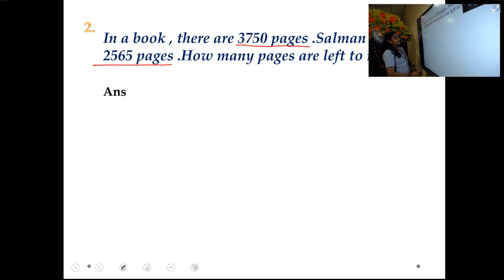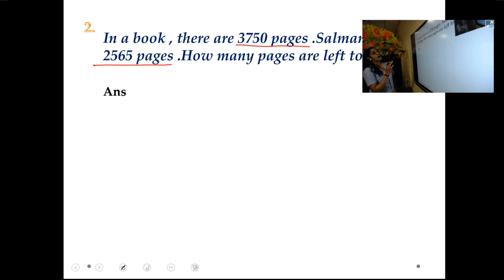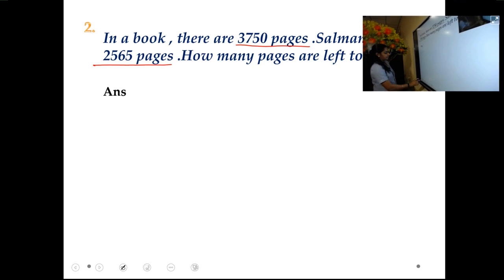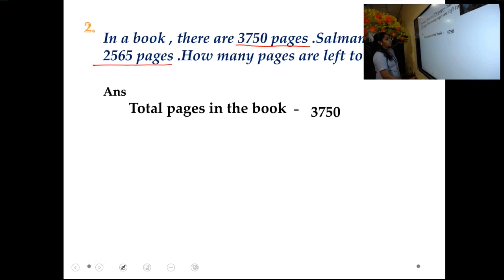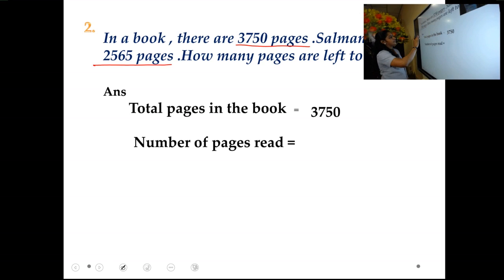Okay, so we will write down the steps. How many pages are left there? So total pages in the book is equal to 3,750. Write down that step. Then Salman read this many pages, 2,565.